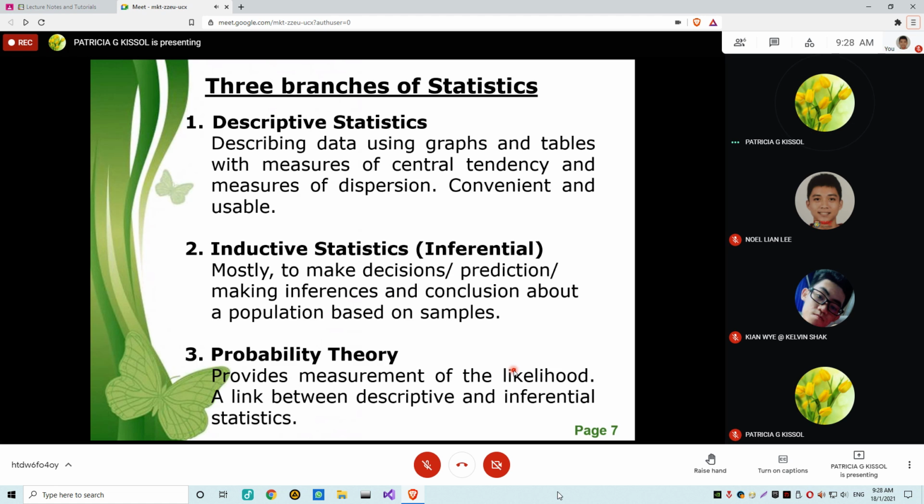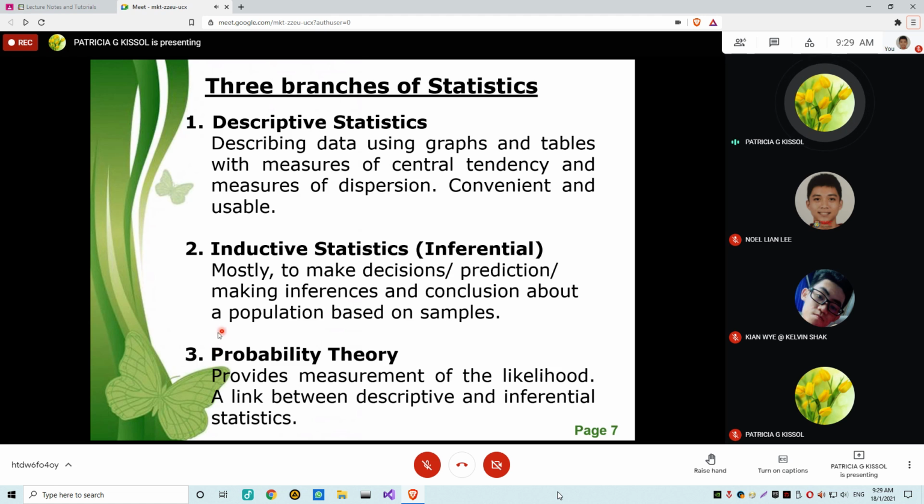Then when we go to inductive statistics, more into inferential, these statistical calculations are more into helping us to make decisions or make predictions or make inferences, and of course at the end to have a conclusion about an overall population based on the samples.